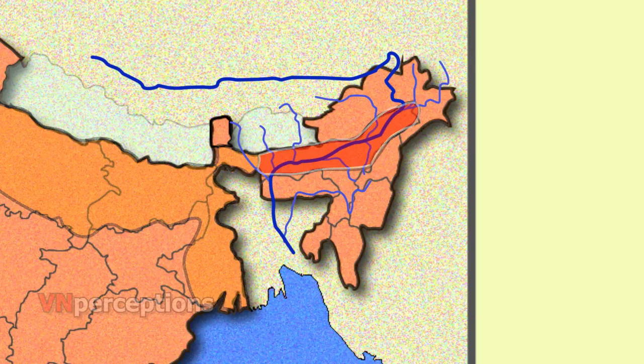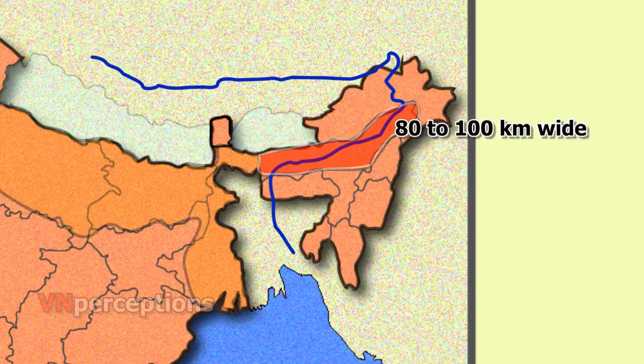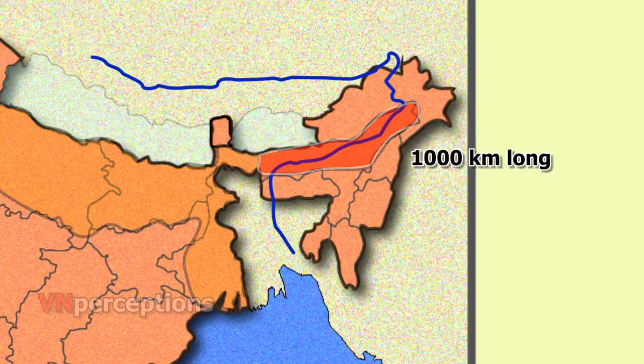The river, with steep gorges and rapids in Arunachal Pradesh, enters Assam with tributaries and creates a floodplain, that is, regions that are flooded in the rainy season. The Assam Valley is 80 to 100 kilometers wide and about 1,000 kilometers long.